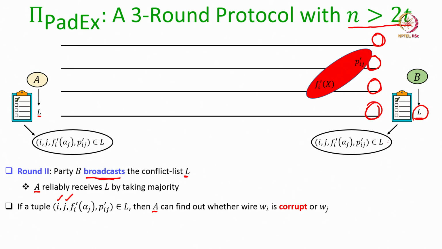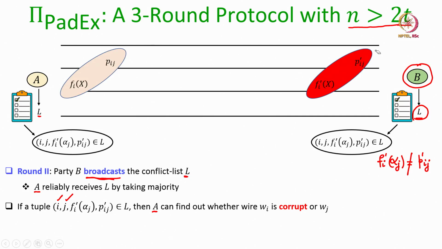That means the value of the ith received polynomial at alpha_j was not matching with the value p'_ij delivered over the jth wire. That is why that conflict was present, but B was unable to figure out whether it is the polynomial which has been delivered incorrectly or whether it is the value which has been delivered incorrectly.